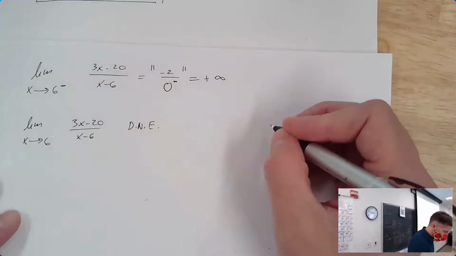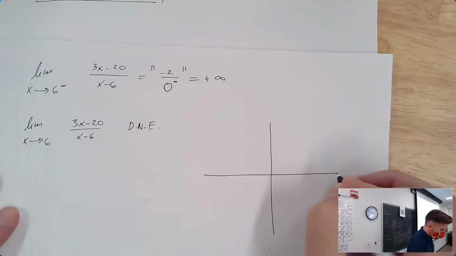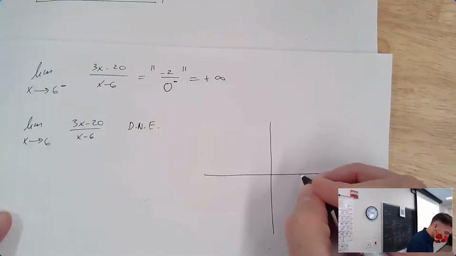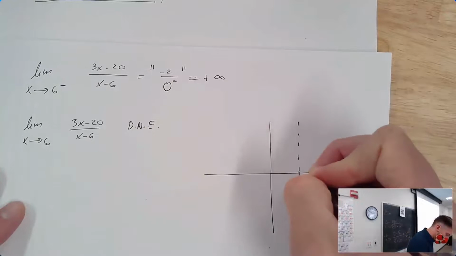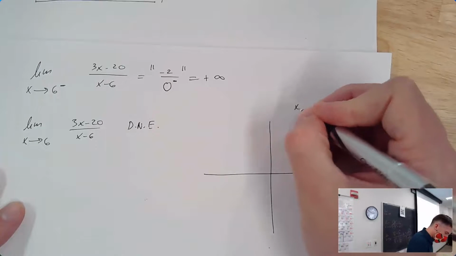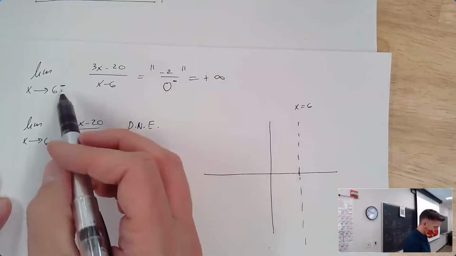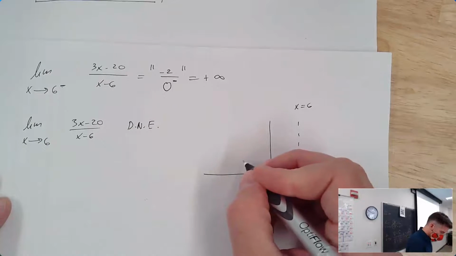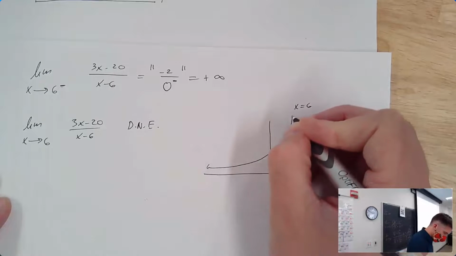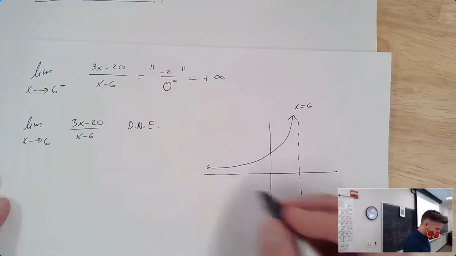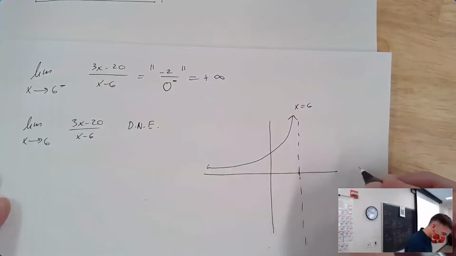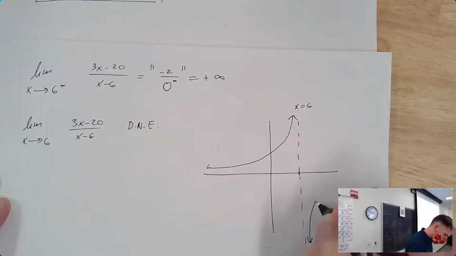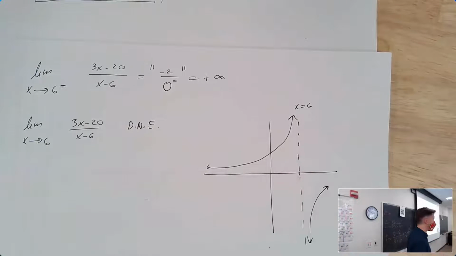I have a pretty good idea what this function looks like. I know that at x equal to 6, as we approach 6 from the left, it goes to positive infinity. As we approach 6 from the right, it goes to negative infinity. So it looks something like that.